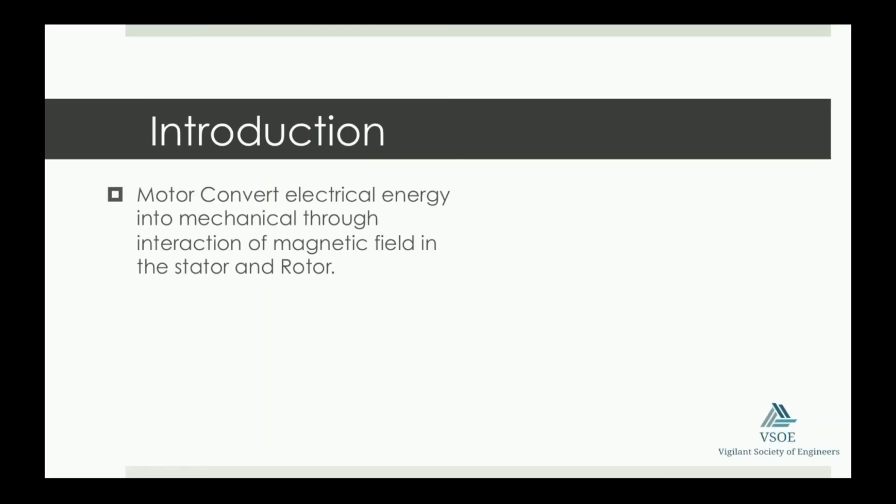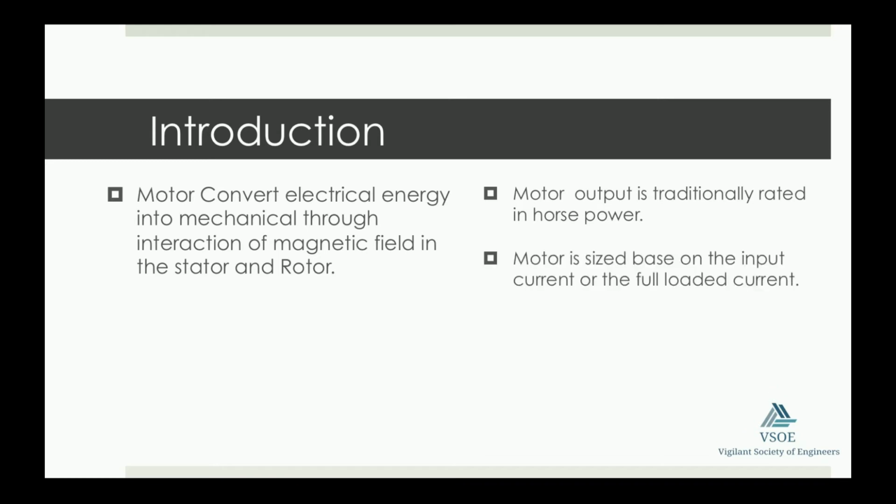Now, the motor converts electrical energy into mechanical energy through the interaction of magnetic fields in the stator and the rotor. Motor output is traditionally rated in horsepower. Now, a motor is sized based on the input current or its full load current.